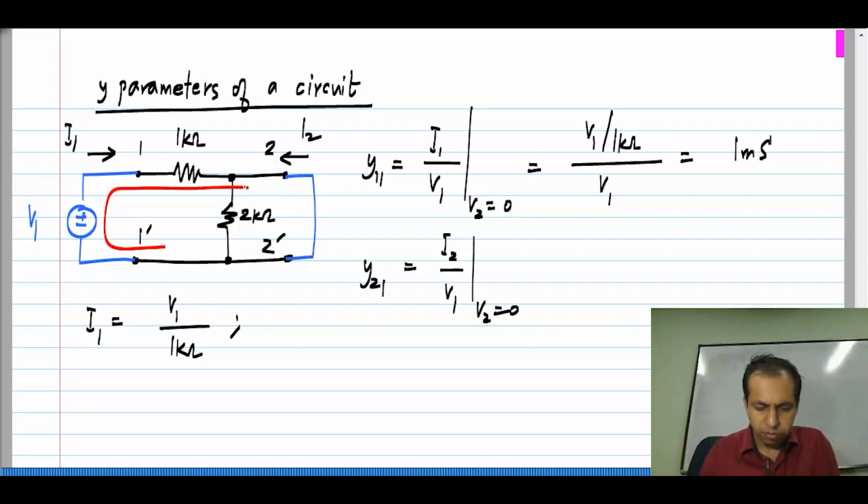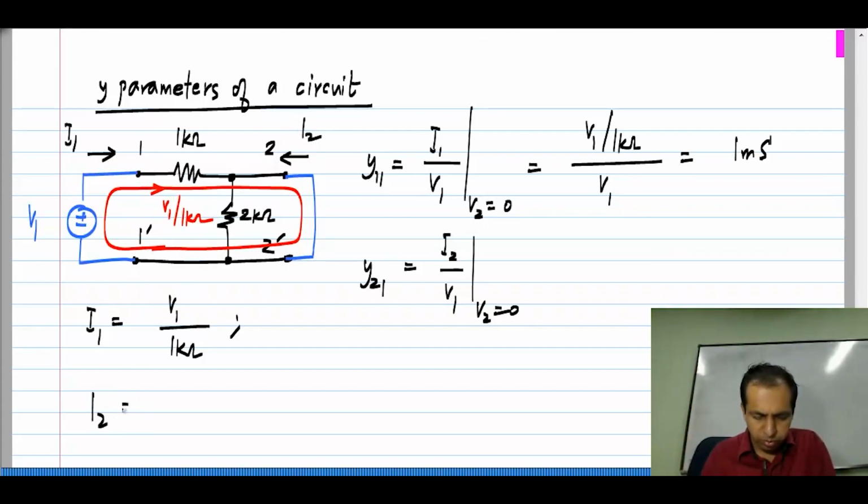So, we have a current in this direction, which is V1 divided by 1 kilo ohm, and if you look at I2, it is the same as this current, but with the direction being opposite. So, I2 is simply minus V1 by 1 kilo ohm.